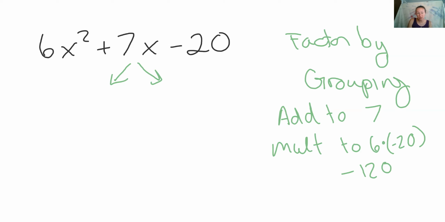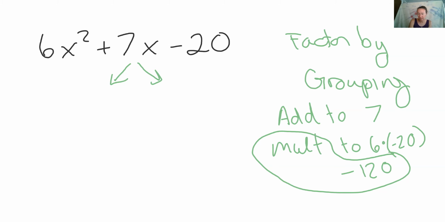If you're wondering how you would even begin to figure out what those two numbers are, I'm going to tell you, you want to start by looking at all the numbers that multiply to negative 120. And really, you can kind of just ignore that negative sign and look for numbers that multiply to 120. And when you get two numbers that multiply to 120, but differ by just 7, then you've found your two numbers, okay?